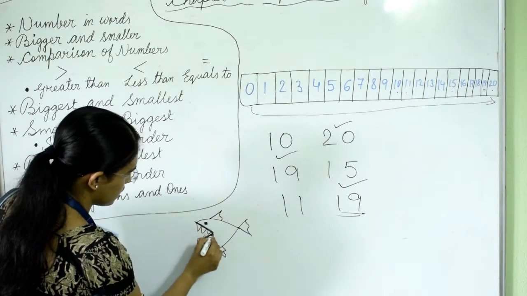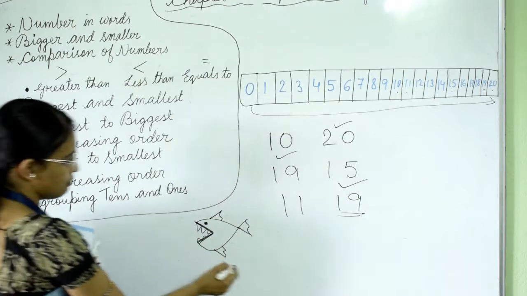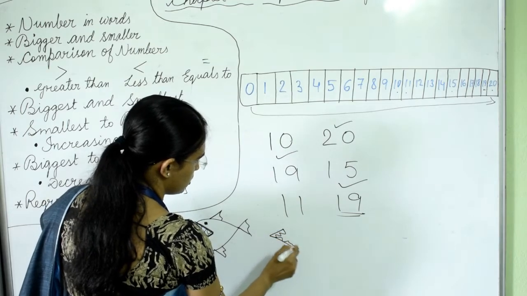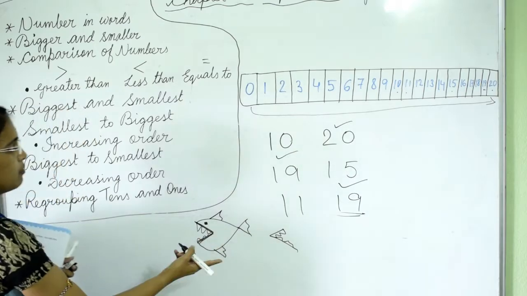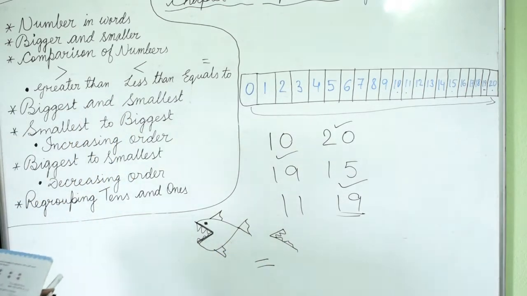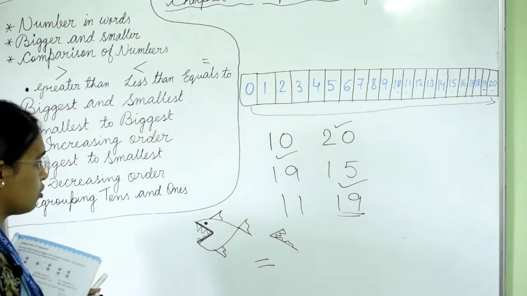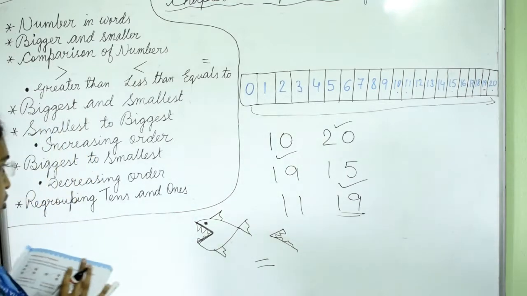Sometimes if the bigger number is here, he goes to this side. Sometimes if the bigger number is here, he runs towards this bigger number. And if both the numbers are the same on both sides, then he becomes confused and doesn't go anywhere. He stands in the middle of both the numbers.